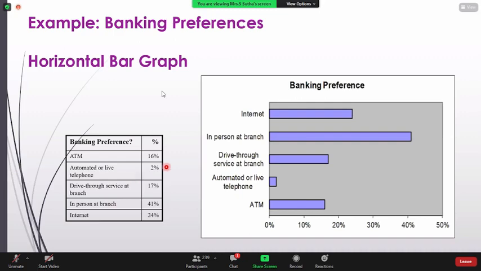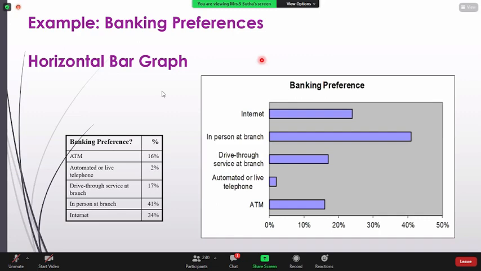The developing or improving part will be taken by the managers, not us. The statistician, based on these stats, what information do you want to give? Around 40% prefer the in-person at branch method, and only 2% preferred automated or live telephone banking.